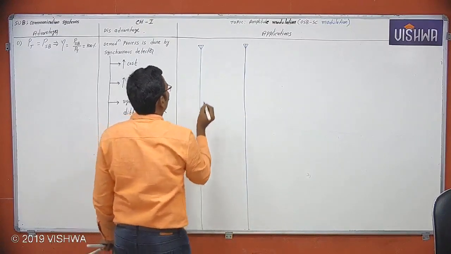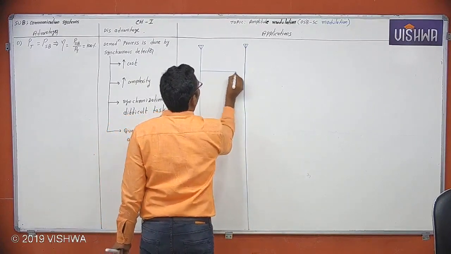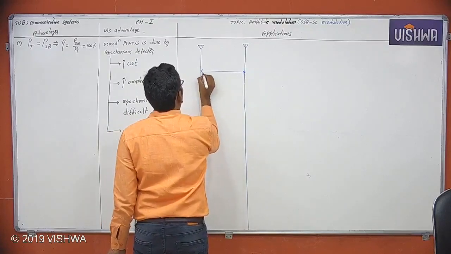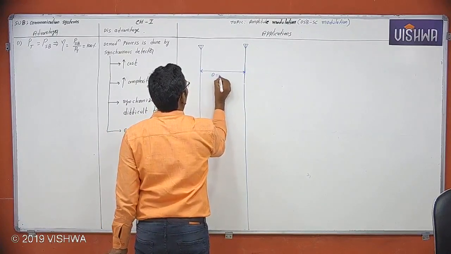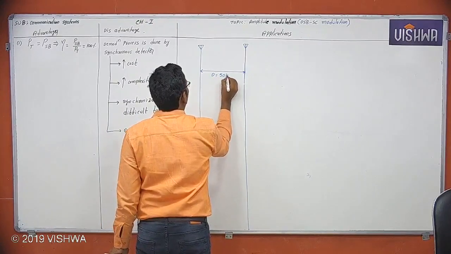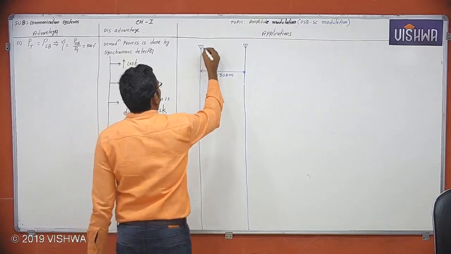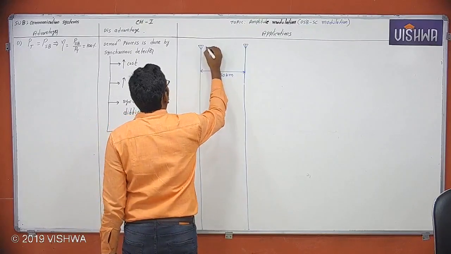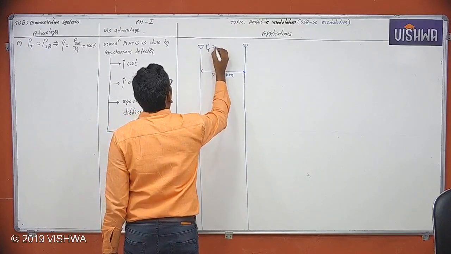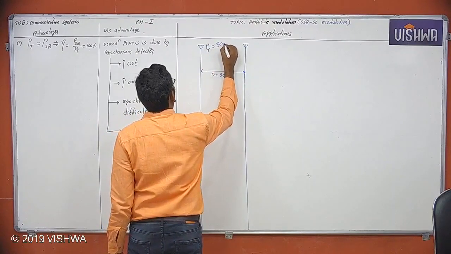Now, let us assume this is the distance which is equal to 50 kilometers. Okay, let us assume. And this is the transmitted power. Now, the transmitted power is equal to 50 watts.